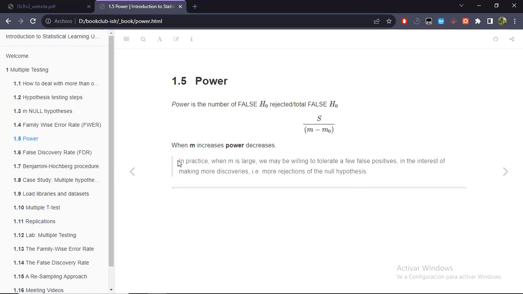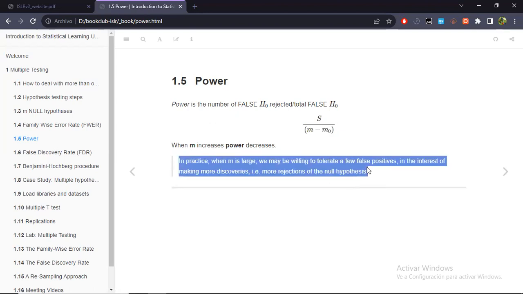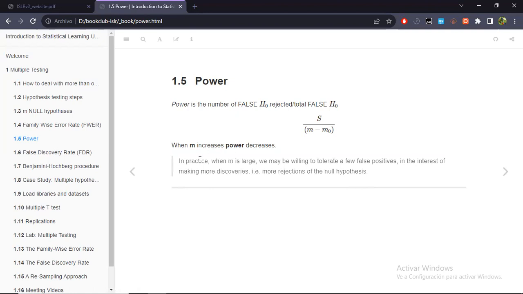And what they mention in the book about why this is important is that in practice, when you consider a large amount of tests, then we should be able to tolerate a small number of false positives, so that we can make more discoveries.